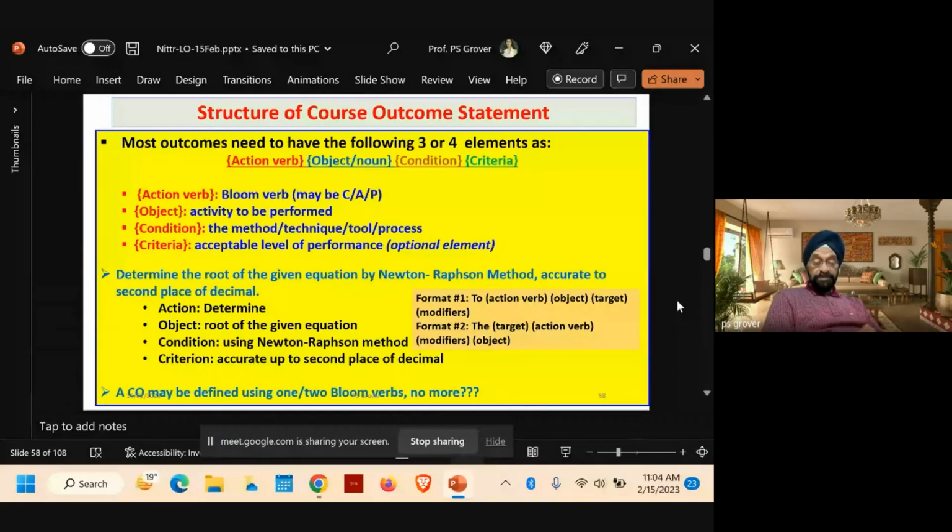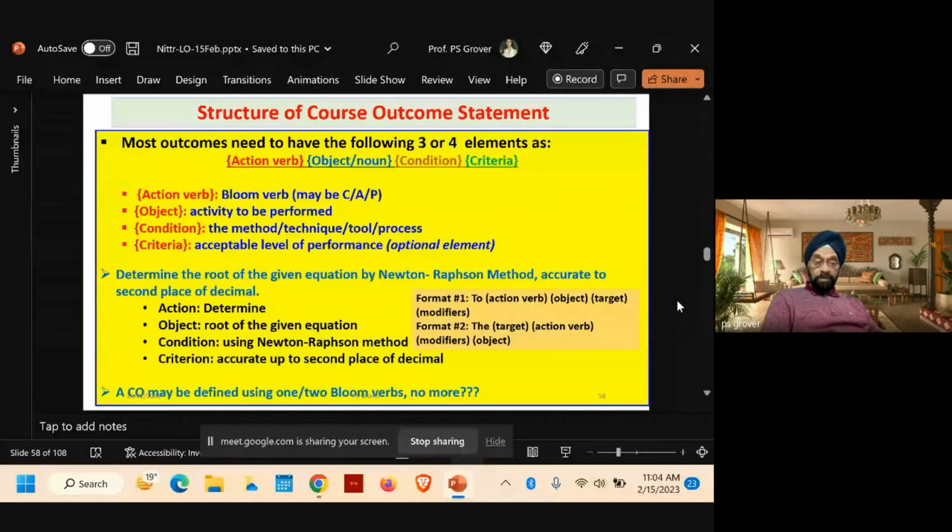Once this is specified, the student's brain gets a message to think about these various aspects. This is one format of writing or formulating the course outcomes. Others are also there: action, verb, object, and target modifier, and so on.